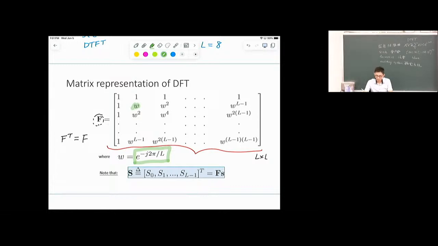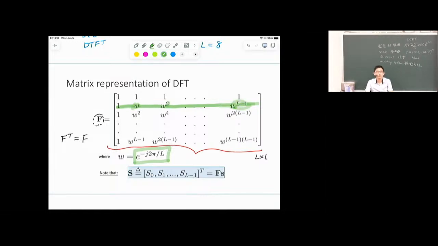If you look at the column, or look at the row, it doesn't matter because it is symmetric. Let's say we look at the row. The first row is all 1, the second row is W, W squared, W cubed, and so on, and the last term is this.